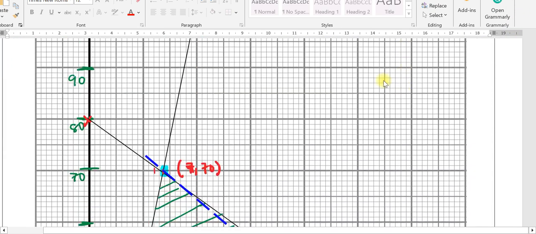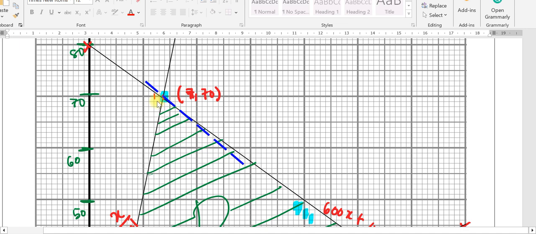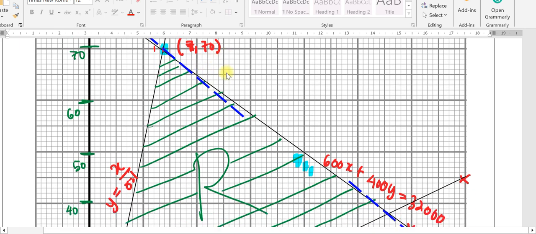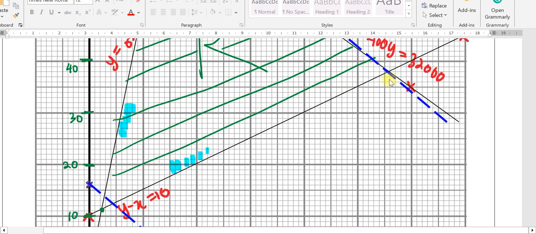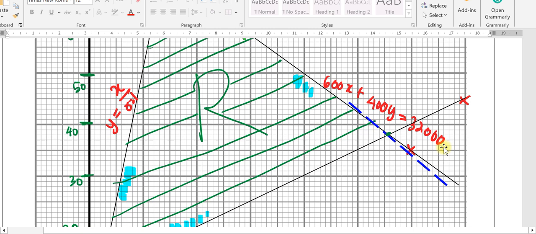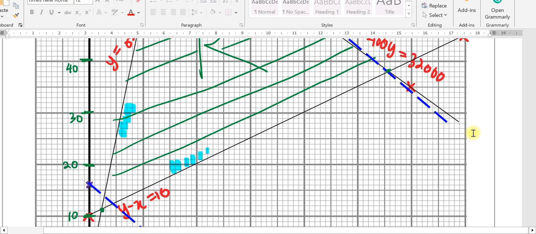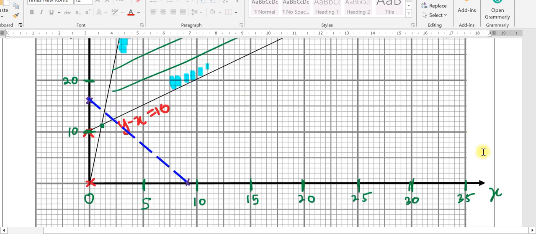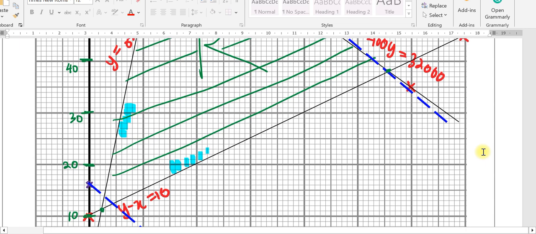Jadi dekat graph ni, kita dah ada one of the point we already label, 7, 70. Kita cuba label yang ni pula. Dekat sini maximum, nampak tak dia intersect kan dekat sini. Maximum lah tu. Okay. Right. When we read this, what is the point? I'm getting 28.